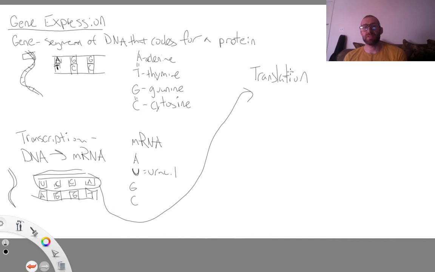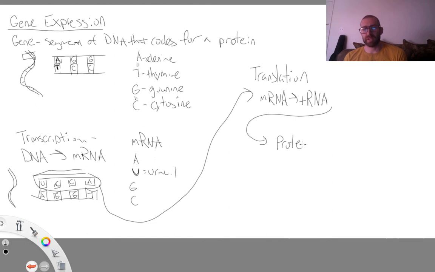And that is where we take this messenger RNA and it essentially gets combined with something called transfer RNA. And through that process, we get a protein.